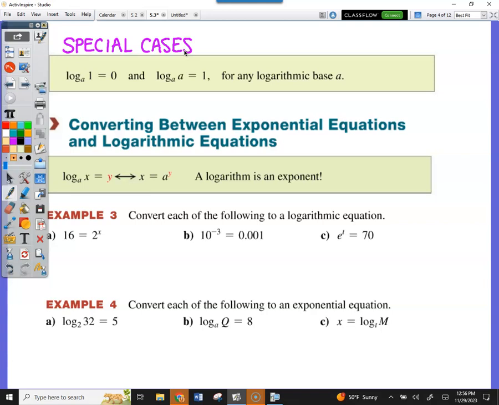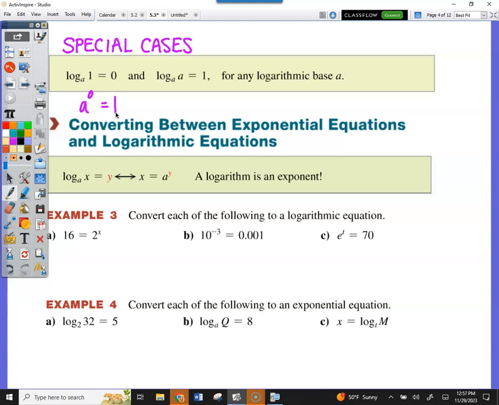Log base A of 1 is 0 because you're saying if I take a base, A, any number, to what power would give me, in this case, the power of 0, it would always give you 1. So please remember that very simple logarithm, that if you have log base something and it says of 1 equals 0, it's a special case.